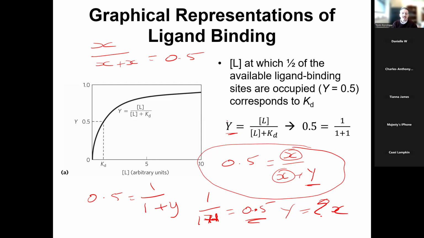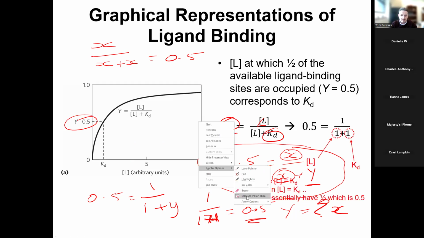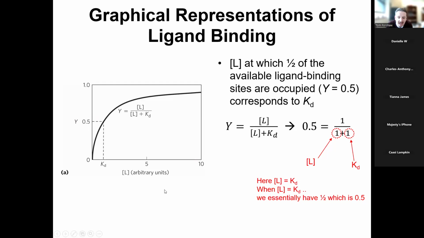So if we set y to being half occupancy, then whatever L is at that particular occupancy, KD must be that same number. L must equal KD, because L and KD must be the same number in order for y to equal 0.5.